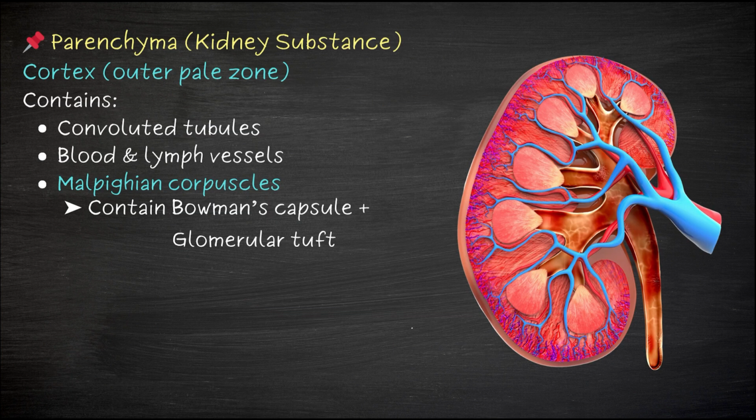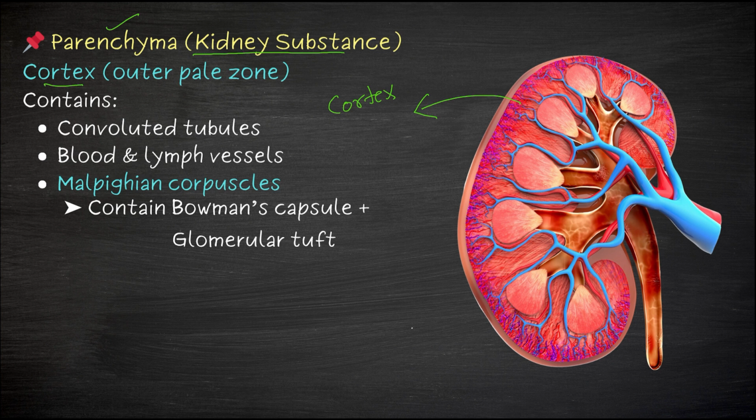Then the kidney substance, which we call the parenchyma. The outer pale zone is called the cortex.